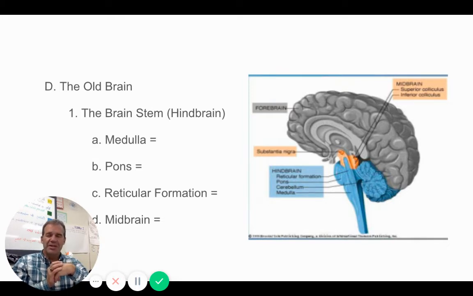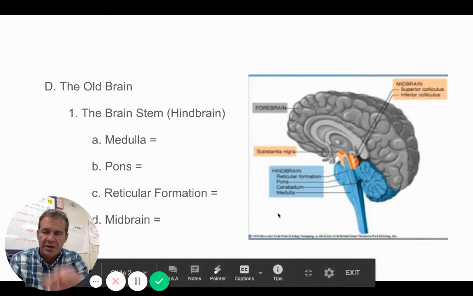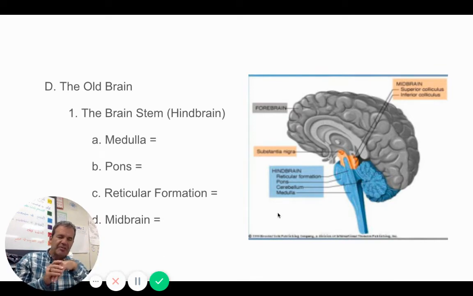The reticular formation are actually fibers that run through the brainstem, okay? So we're going to define reticular formation as fibers inside the brainstem that are responsible for the 3 A's, really: attention, alertness, and arousal.